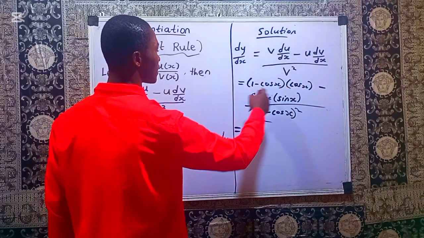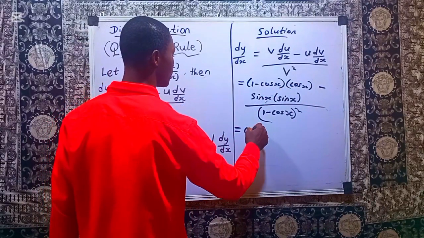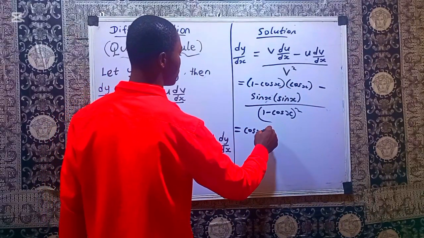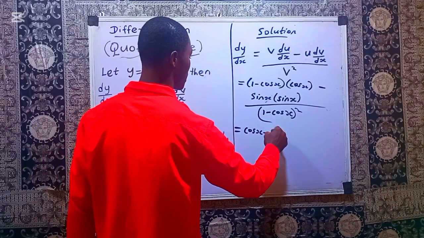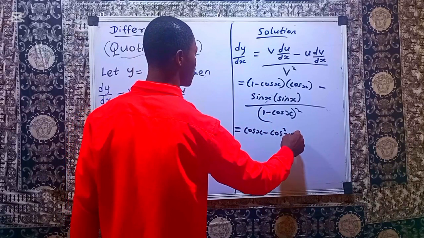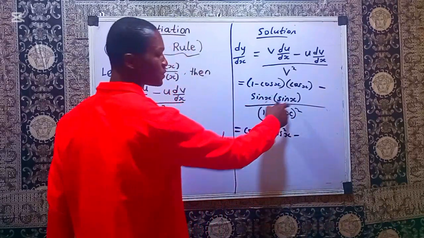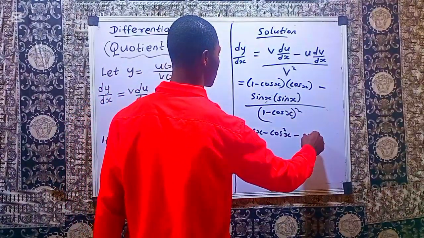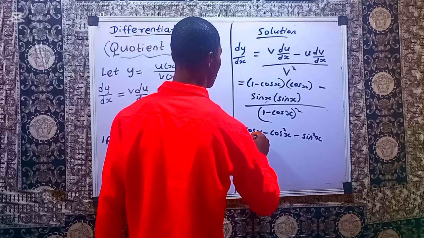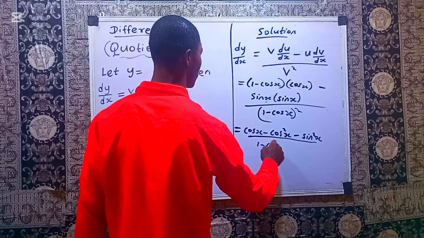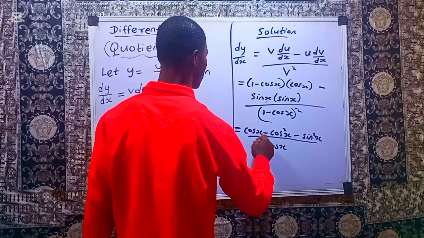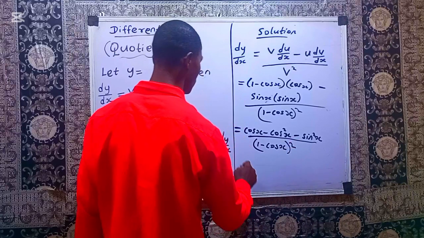I can open this bracket. 1 multiply cos x, I have cos x. Then minus cos x multiply cos x will give us cos squared x. Then minus sin x multiply sin x will give us sin squared x. All divided by 1 minus cos x all raised to power 2.